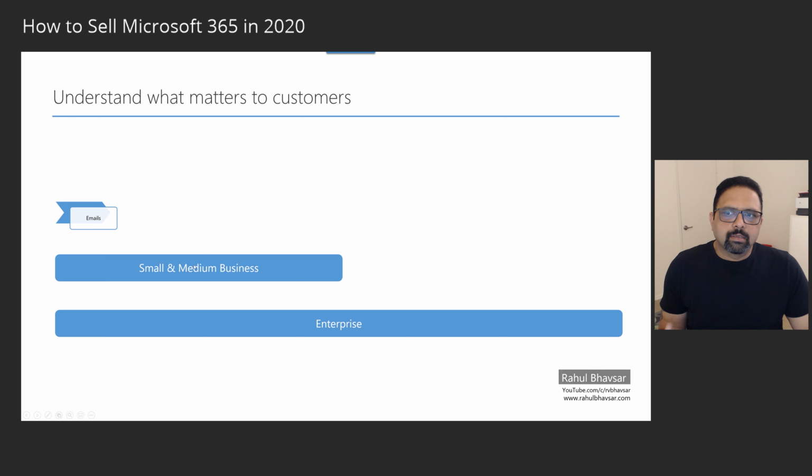So the first thing is email. Of course, this is one of the core things which the M365 lineup offers, and email is very basic and it's expected. It's taken for granted. It's default, so it should not be the leading thing. Every customer understands and expects that it will work, and it actually works.